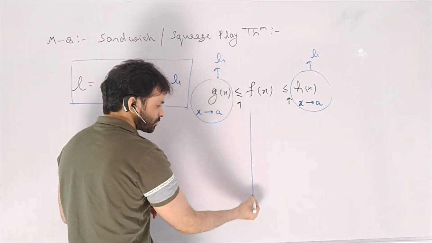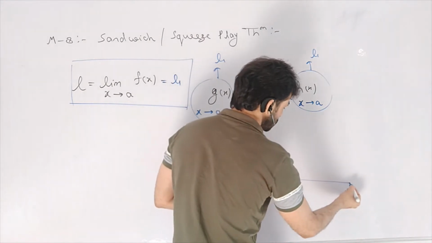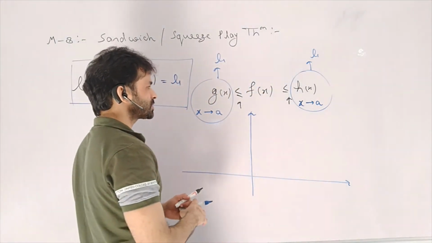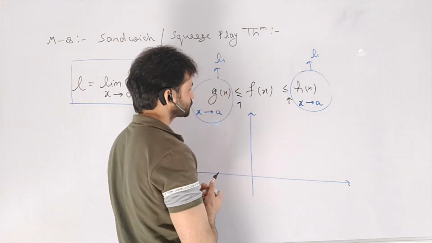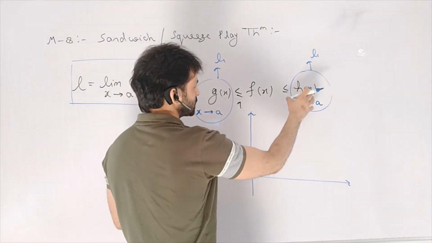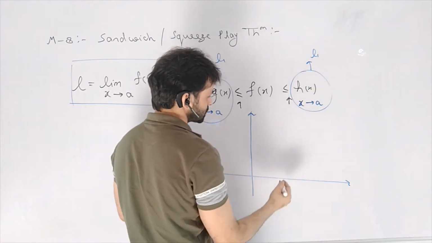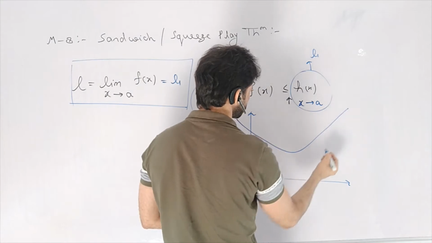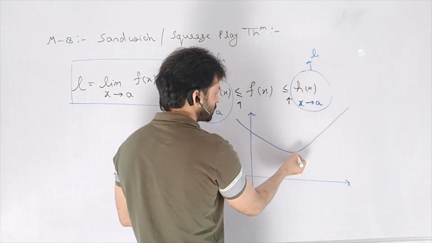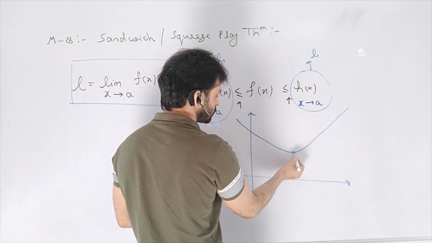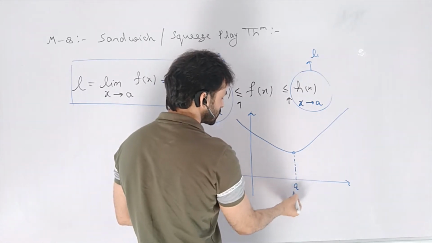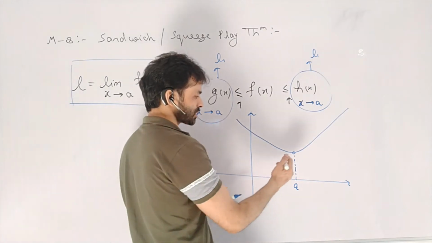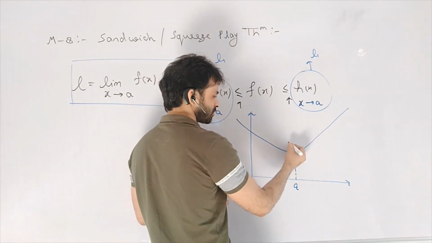To understand this properly, we'll see it through a graph. Let's say the graph of h(x) is like this. At this point a, the limit of this is L1, which means this value is L1, y equal to L1.